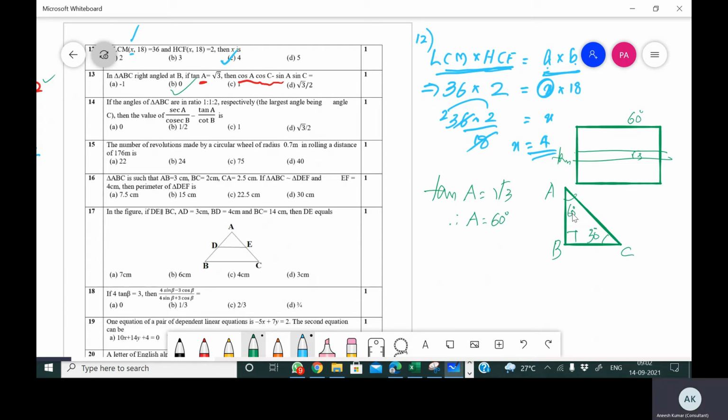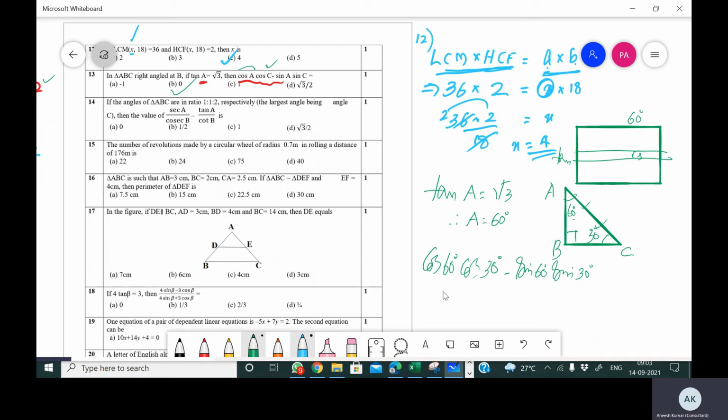So we got all the angles, and using this 60 and 30, we can also find cos(A + C). That means cos 60 cos 30 minus sin 60 sin 30.